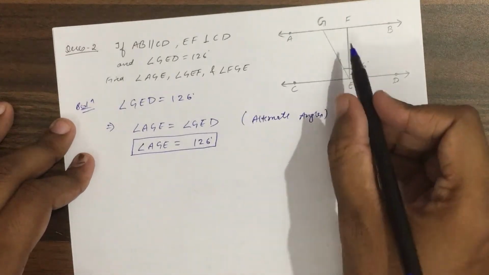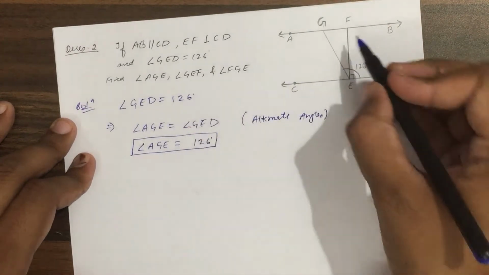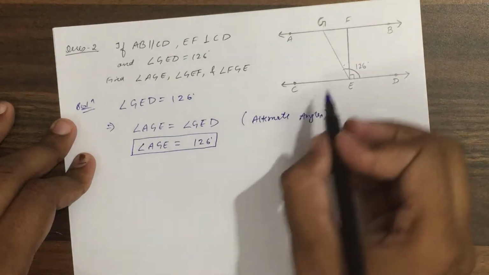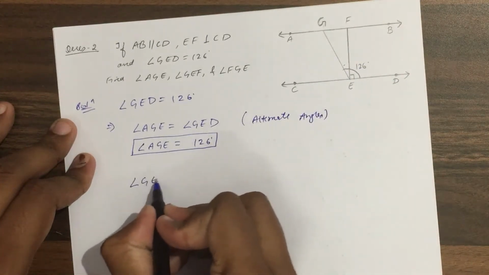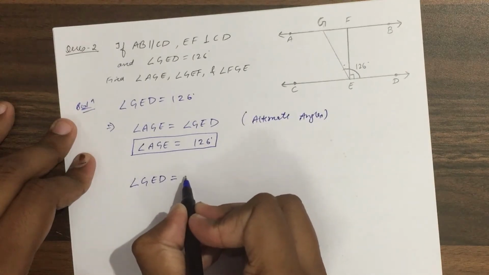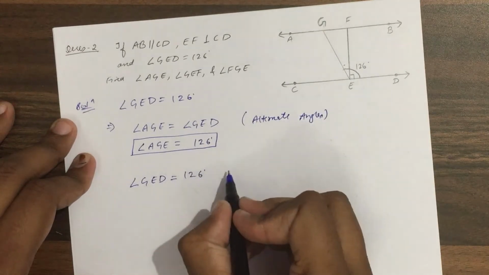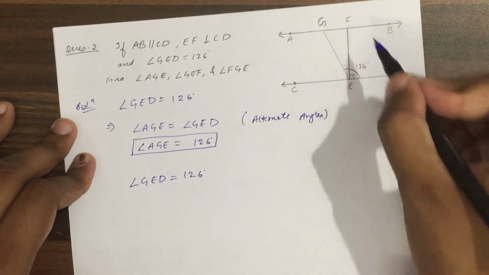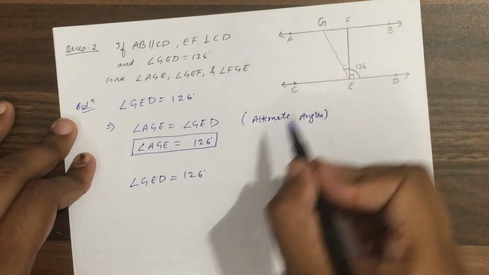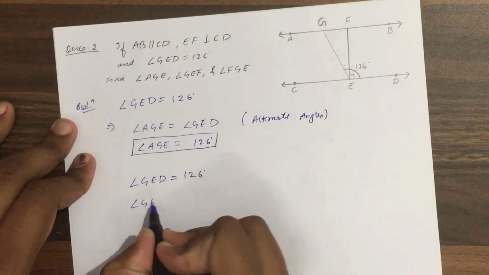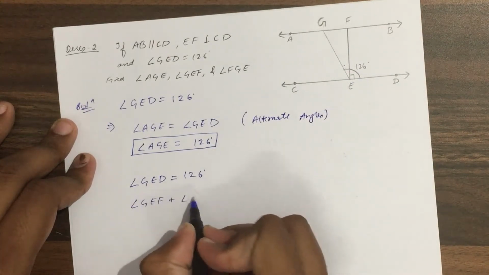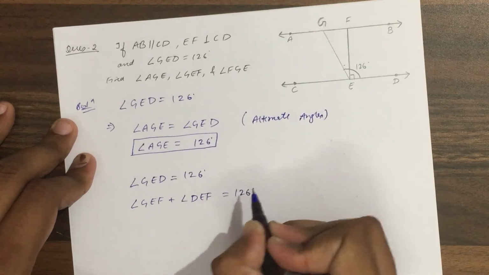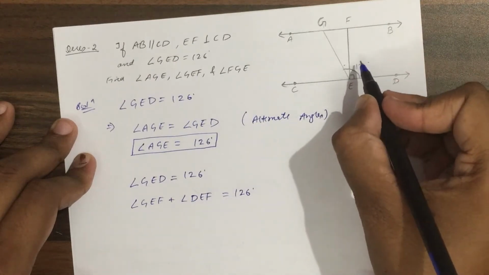Now you have to find angle GEF, this small angle. What is given to you? Angle GED equals 126 degrees. Now you can break angle GED into angle GEF plus angle DEF. So angle GEF plus angle DEF equals 126 degrees.